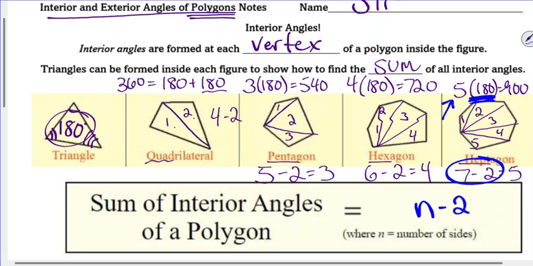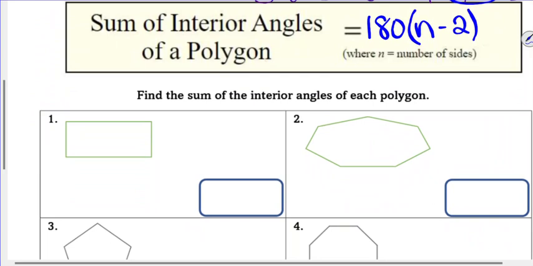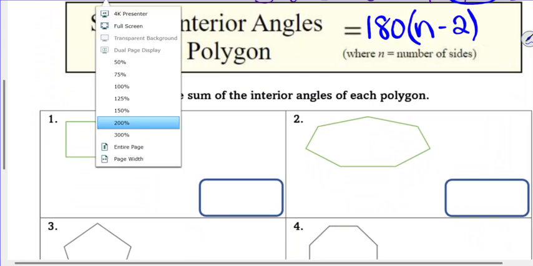N is the number of sides. Take 2 away from that. That's the number of triangles that we can create. And if we multiply that by 180, that's the sum of all the interior angles in that shape. So that's just how I derive the equation. Hopefully you understood that. At a minimum, you just need to understand how to use it.